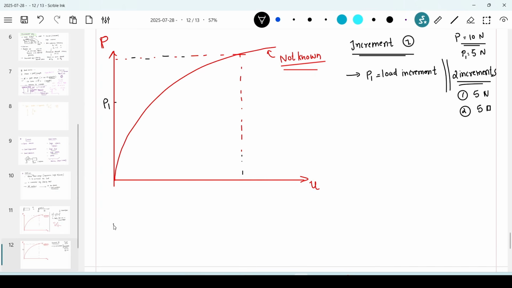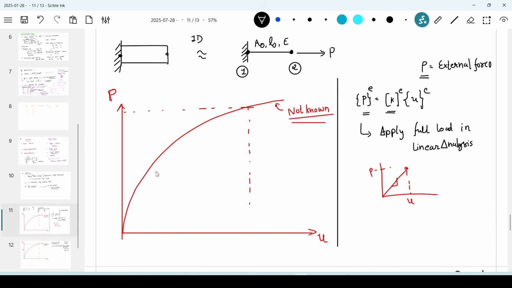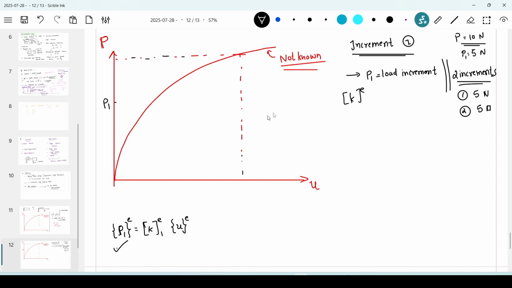Now let's say P1 is equal to K1 U at increment 1. What is known here? P1 is known. What else is known? K. We are talking about a bar element with A0, L0, E, and this is a finite element now.